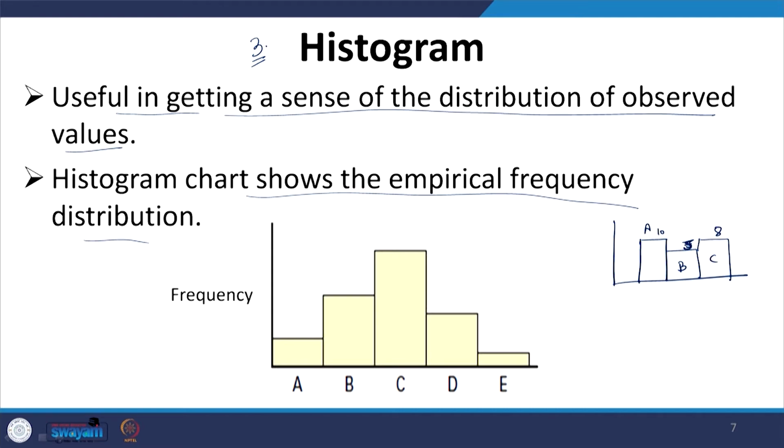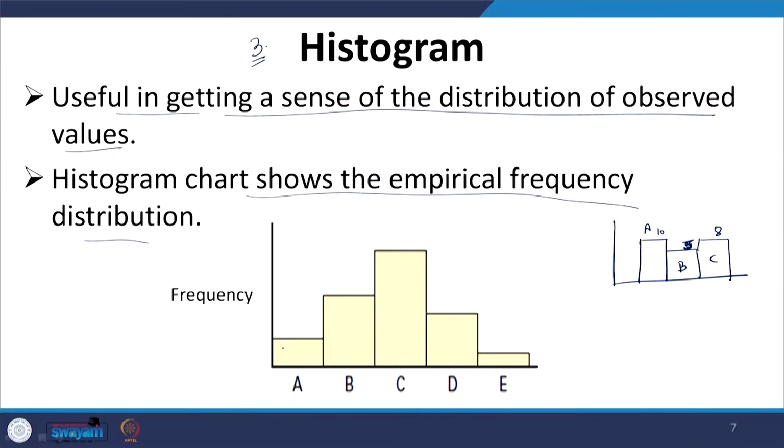This type of visual representation is possible when you are creating the buildings. In our day to day language we say that these are the buildings which you are creating for different types of defects. So, A, B, C, D, E, these are defects, and these are the frequencies of these defects.